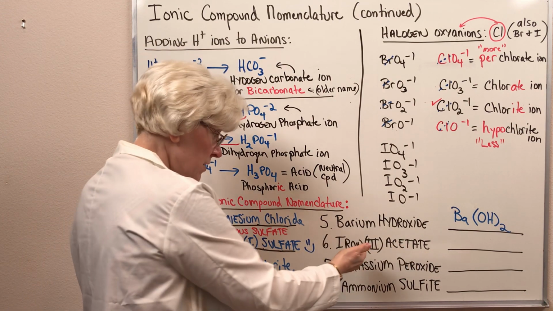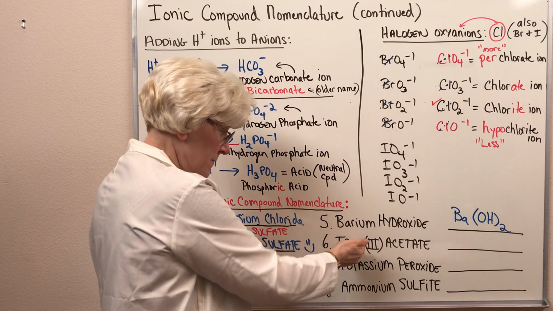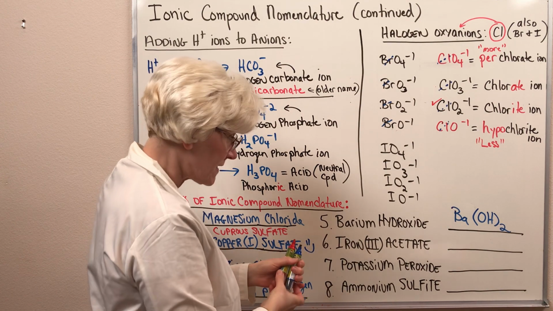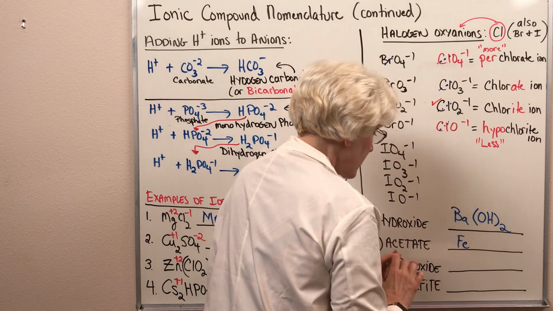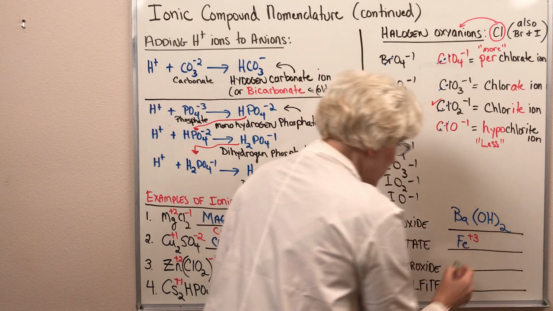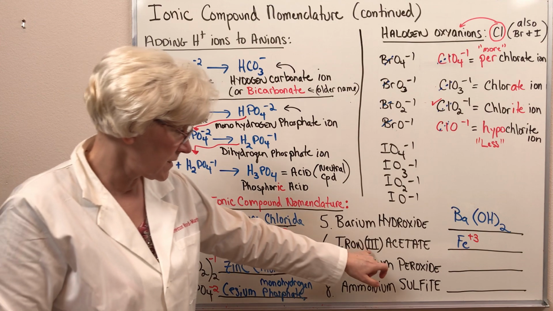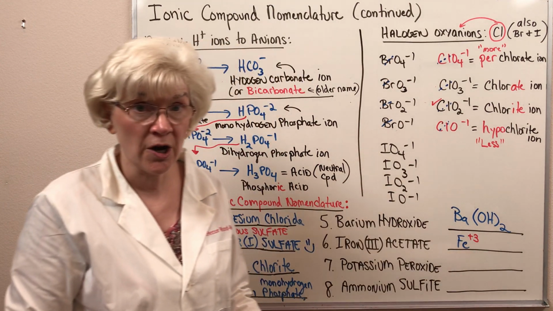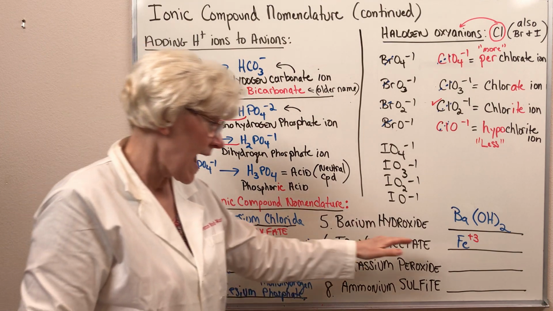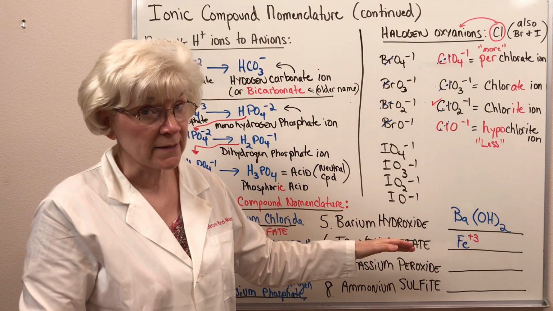Now you just have to know, and the first name, the cation name, is pretty easy. This is the iron ion with a +3 charge. Okay? Very useful to have that Roman numeral in parentheses to indicate the charge on the ion. The acetate is a little trickier.